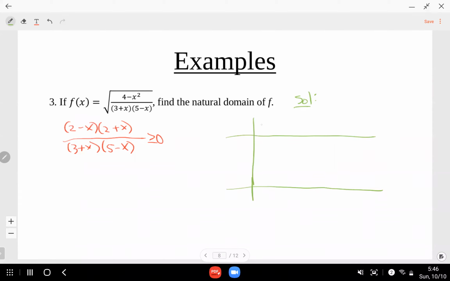All right, so we have intervals -infinity to -3, -3 to -2, -2 to 2, 2 to 5, 5 to infinity. Those are our intervals. 2 minus x, 2 plus x, 3 plus x, 5 minus x.